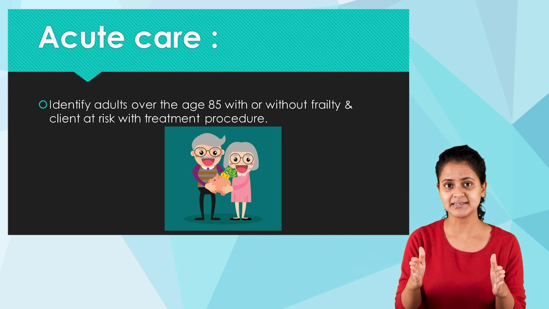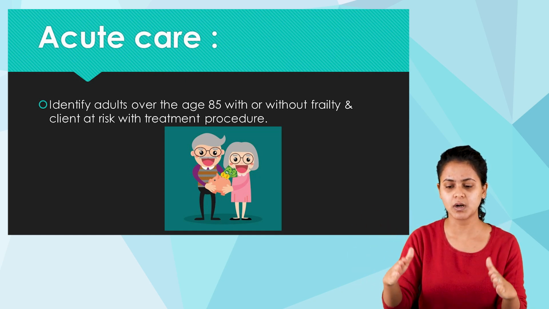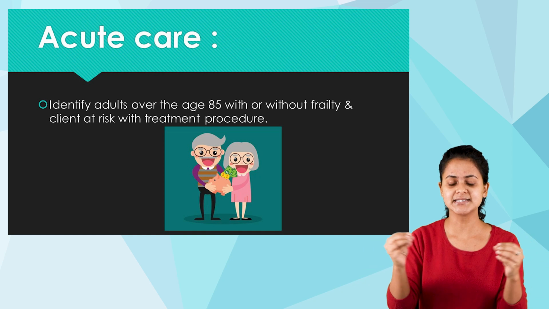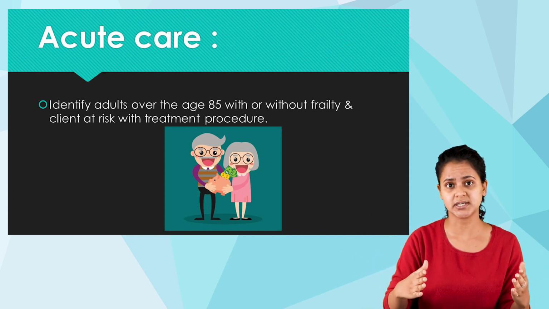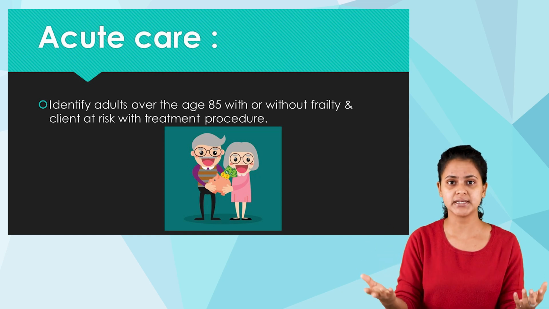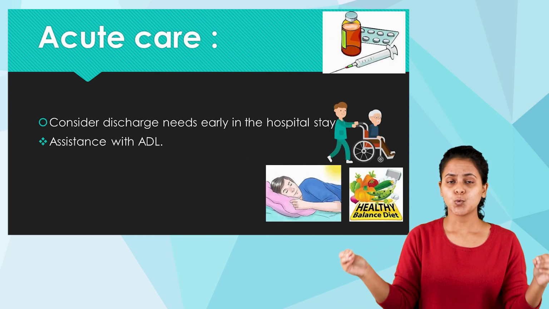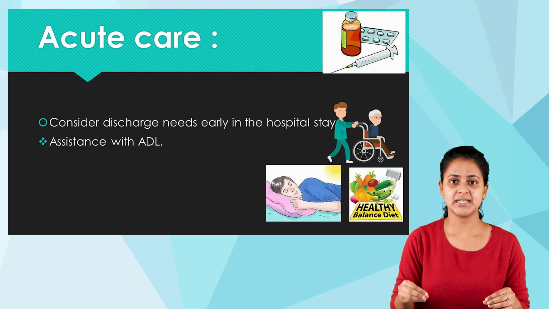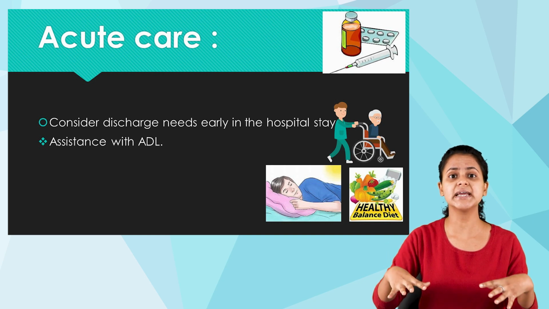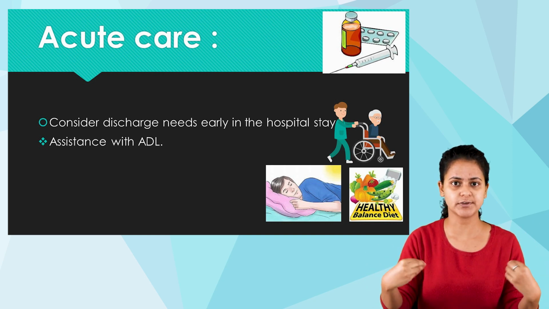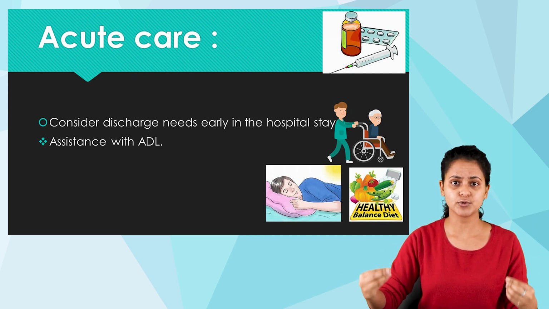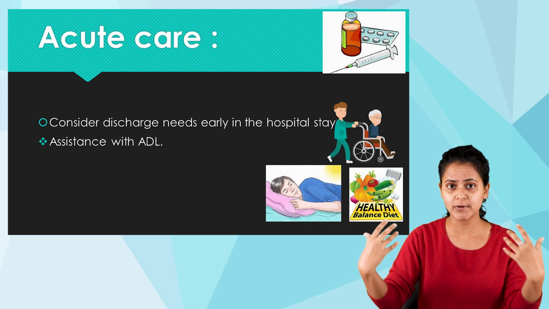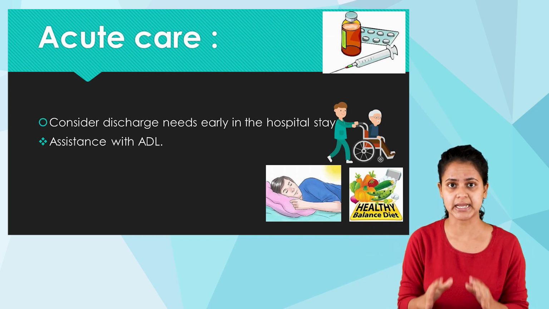It is considered that this age group is more vulnerable because these clients have certain risks associated with the performance of various treatment procedures. So while in the hospital, as a nurse, we will be making the interventions and implementing them. We have already discussed the certain approaches a nurse should follow when taking care of a geriatric client.